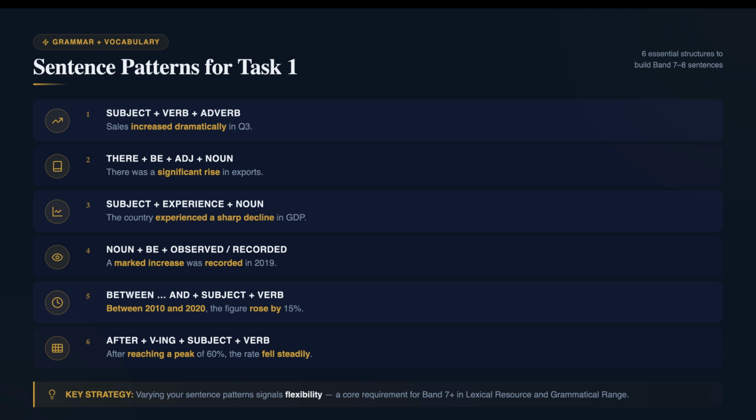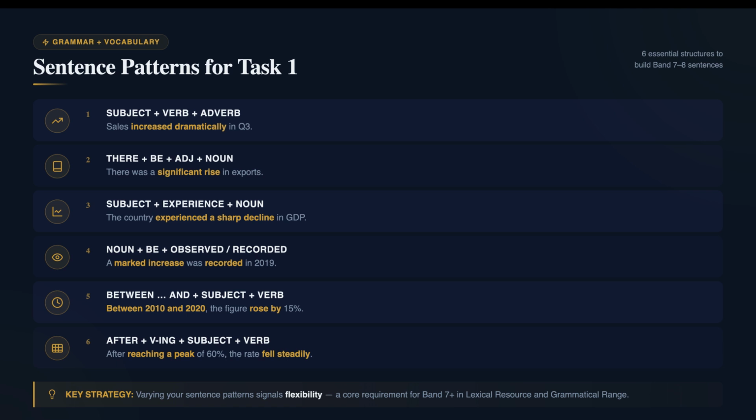So we have after, then verb-ing, reaching, or you may call it present participle. Then we have the rate, that is another subject, and then fell steadily. Fell is the past tense verb of fall. Steadily is an adverb which modifies fell.